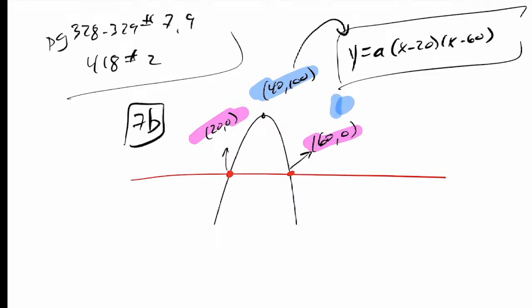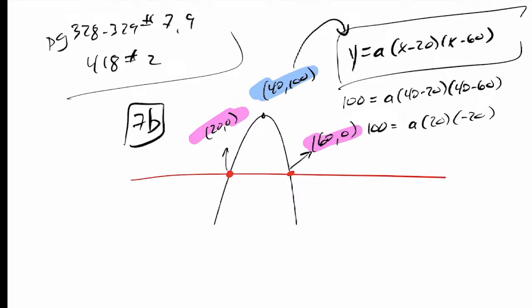So in this case here, y equals 100 and x equals 40. So I get 100 equals negative 400a.